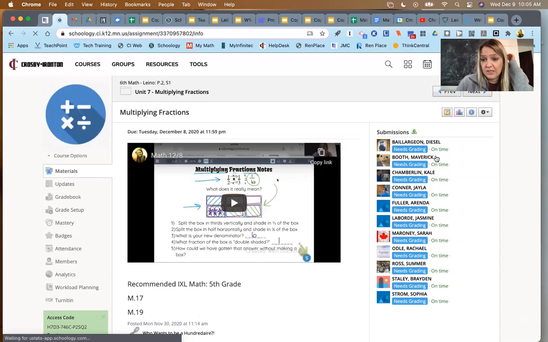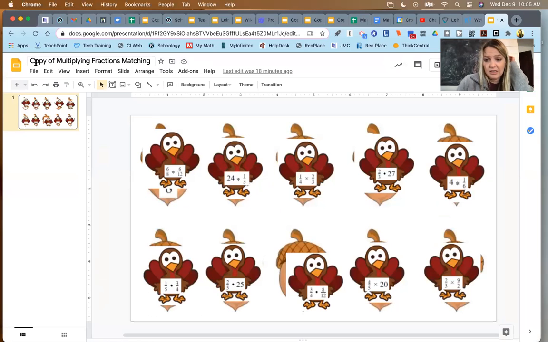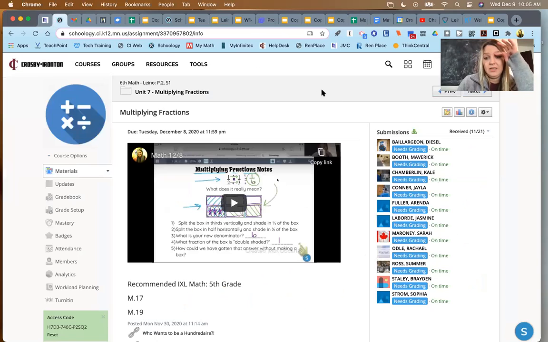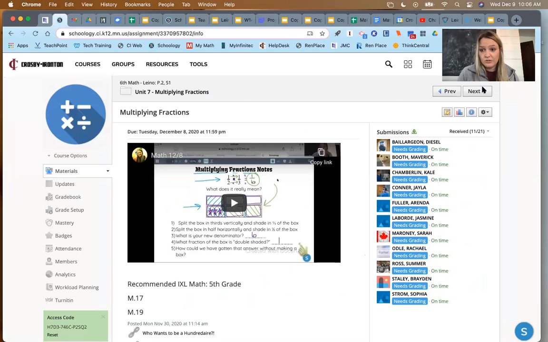So you do the submit button on the side, and then I would name it like your name, multiplying fractions matching. So that was the name of it, okay? Multiplying fractions matching. So just like you submit any other Google Slides assignment, you'll submit it here, okay? So if you have questions with that after this, let me know and I can help walk you through the steps. So today, boys and girls, we have some notes to do.